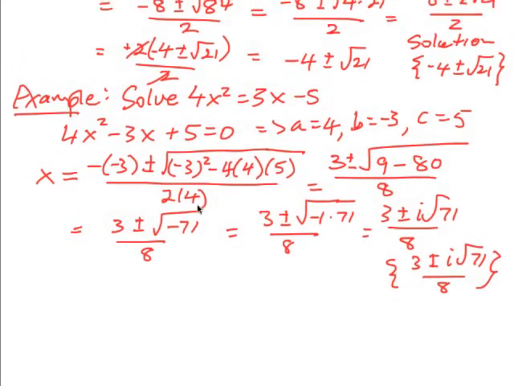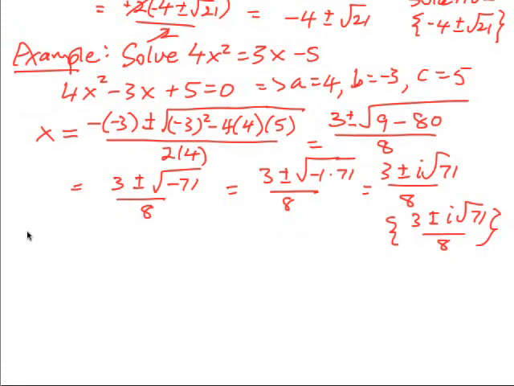Alright, now a little aside here. What about cubics, for example? We know that if I have x cubed plus y cubed, we can always write this as x plus y by x squared minus xy plus y squared.